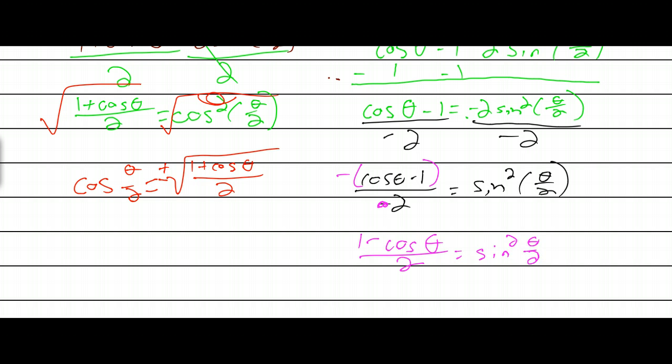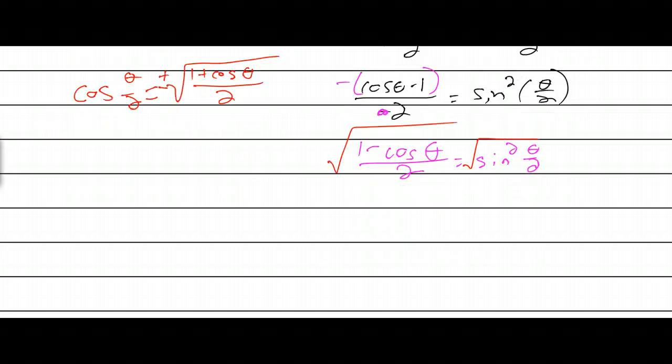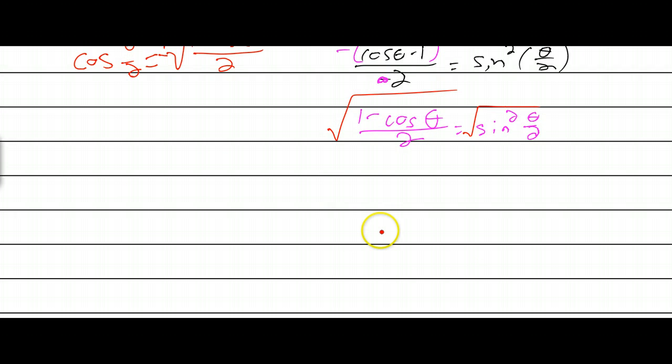Just like we did last time, we take the square roots. So sine of theta over 2 is equal to the square root of 1 minus cosine theta over 2. Alright, so that's it for that one.